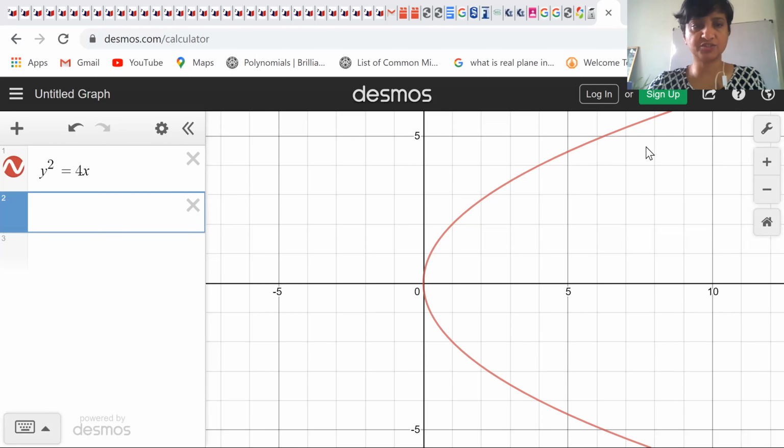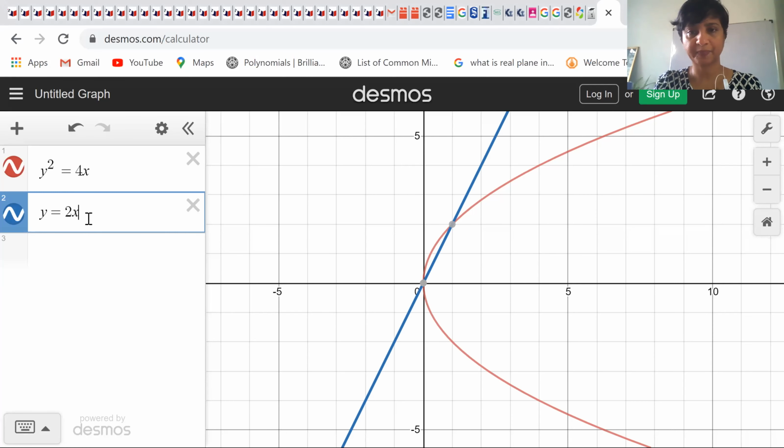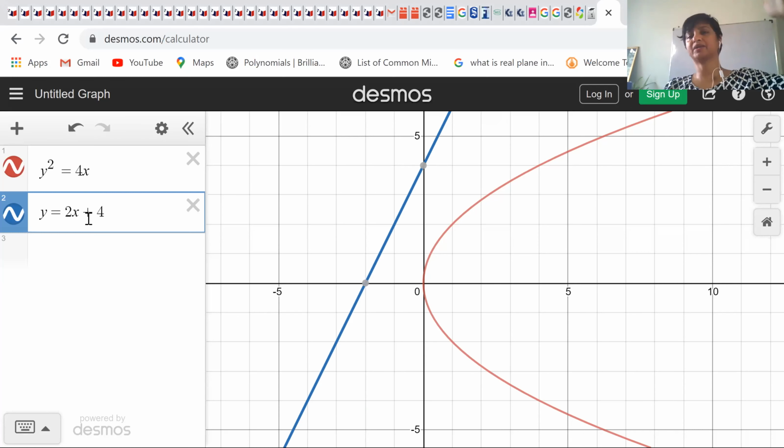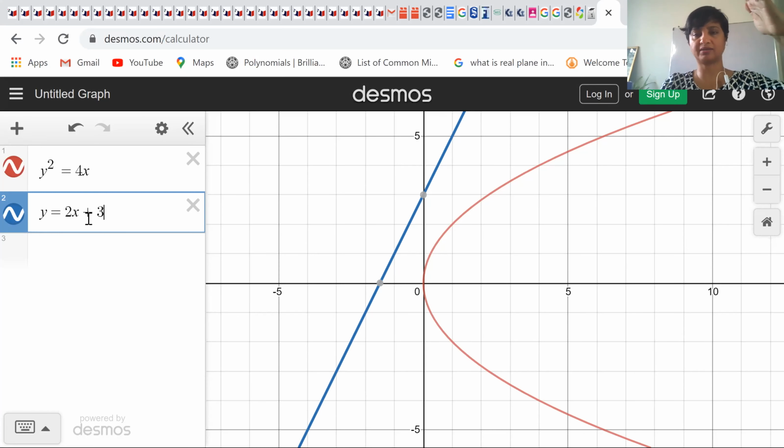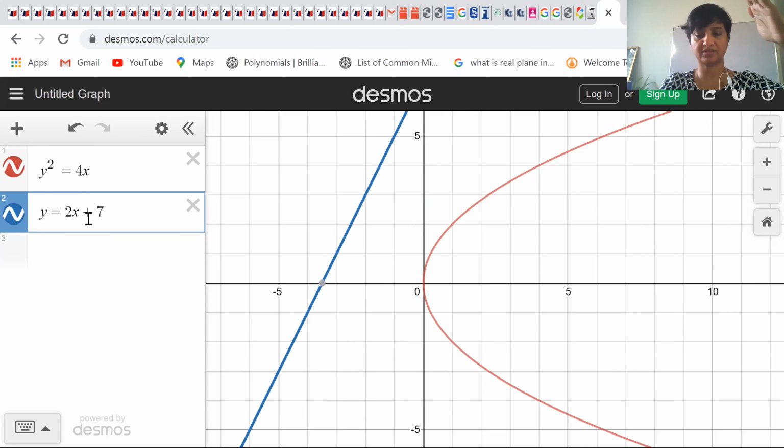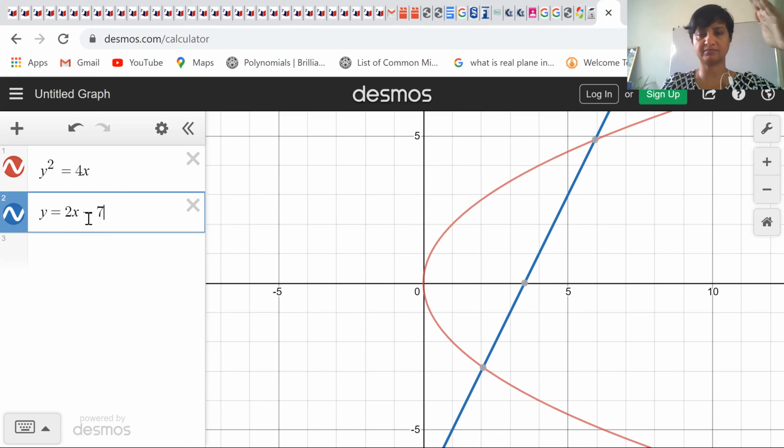Right. So this is your curve, y squared equals 4x. It's fixed, right? And your line equation is, they said y equals 2x. That's the line. Now I didn't add the c. If the c is 0. Now by changing your c, let me put plus 4. There, it went there, right? If I do minus 7, it goes there.